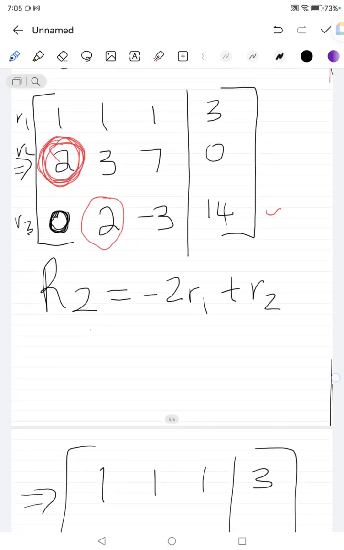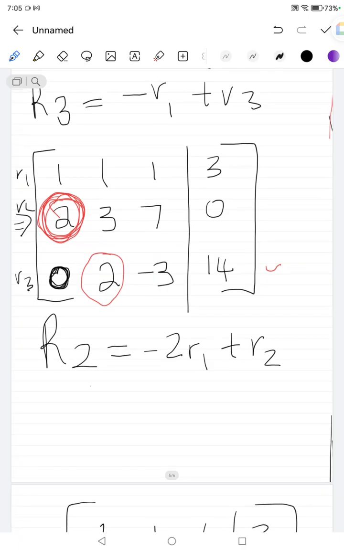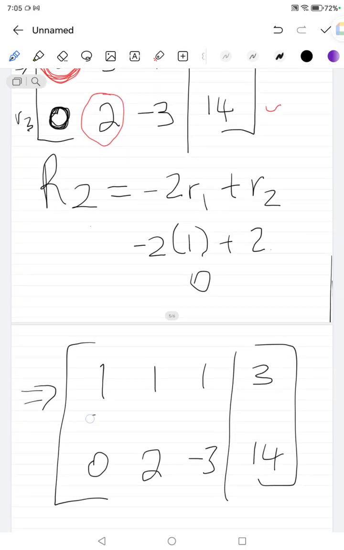Then you go and check what you're going to have. You have your minus 2 into row 1, which is going to be minus 2 into 1, plus your row 2, which is going to be 2. Then this one is going to give you a 0, which is going to be this side.